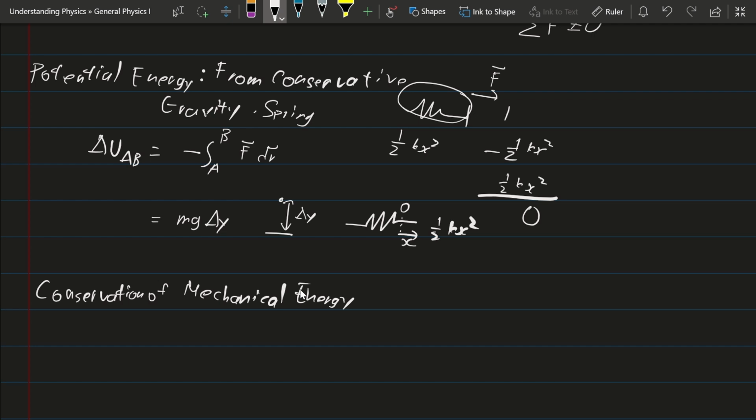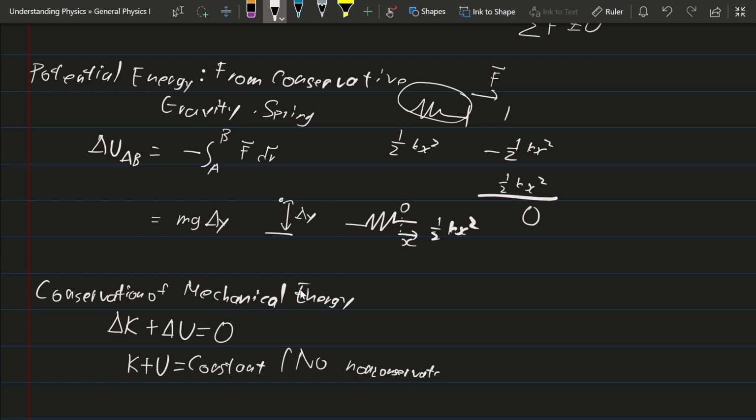This is the main thing that you need to remember. So basically, the change of kinetic energy plus the change in the potential energy will later be zero, which means that the kinetic energy plus the potential energy should be a constant. And so this only works if there is no non-conservative force.